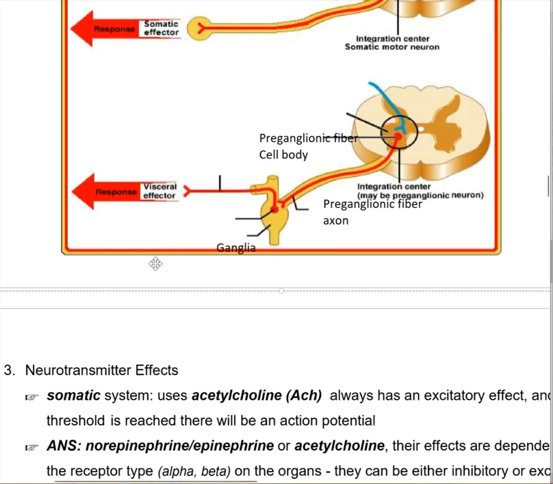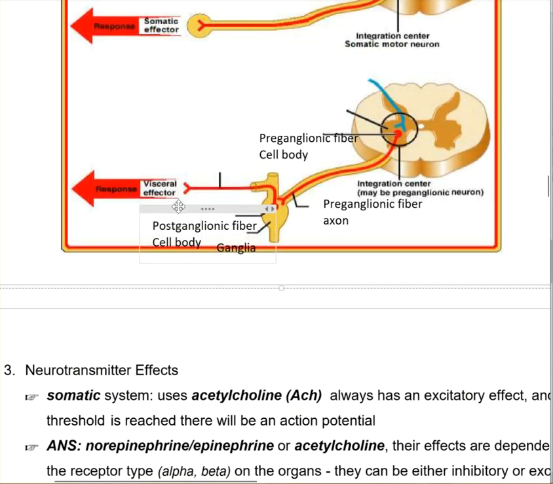Okay, we have a ganglia there. Now, we know that a synapse occurs. You can see the synapse right there. We go from an electrical signal to a chemical signal, and then we go to another cell body. And guess what? This is the postganglionic fiber cell body.